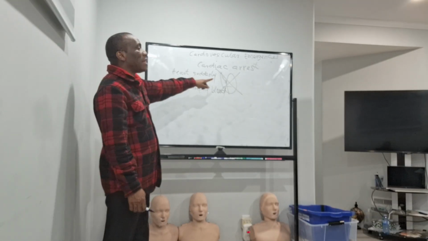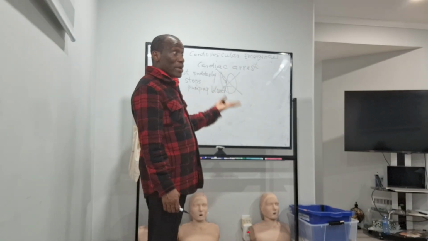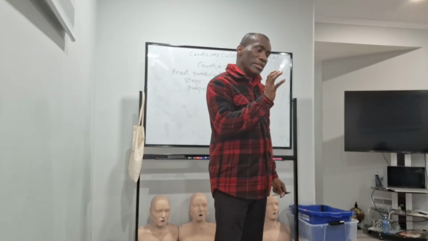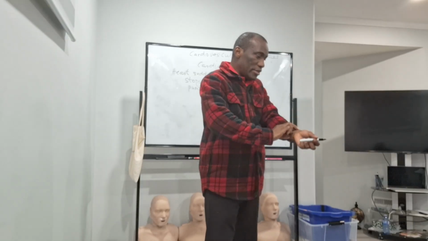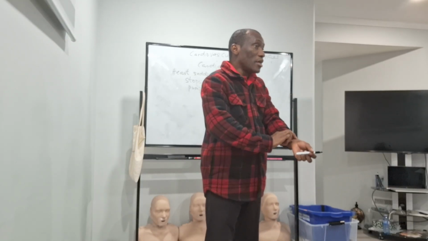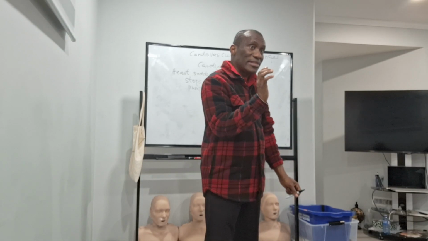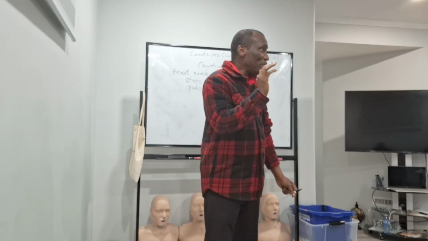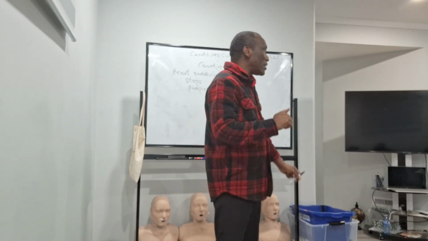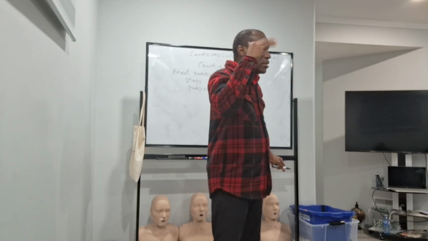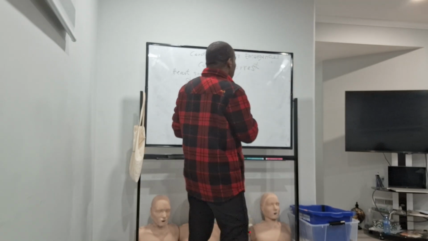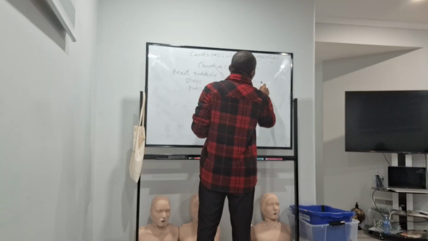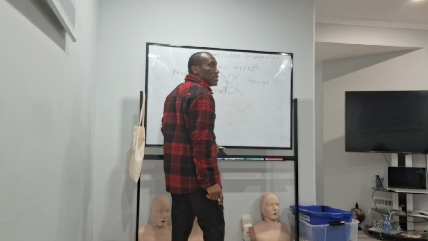And that could be as a result of bradycardia. That is when the heart is sleepy. Remember yesterday we did pulse. So if somebody's pulse in 1 minute is 10, that means that heart is so sleepy that it can stop the heart. Or maybe tachycardia, going too fast. Remember yesterday we said the heartbeat is supposed to be 60 to 100.